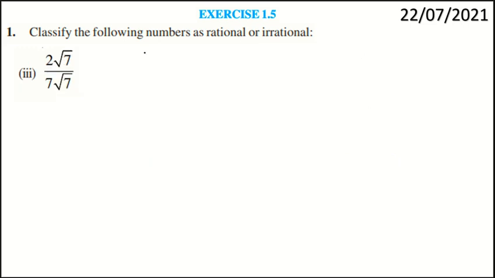Third question is 2 root 7 upon 7 root 7. Here 2 root 7 is nothing but 2 into root 7, similarly 7 root 7 is nothing but 7 into root 7. If I consider root 7 as some variable, let's say k, now what is k upon k?